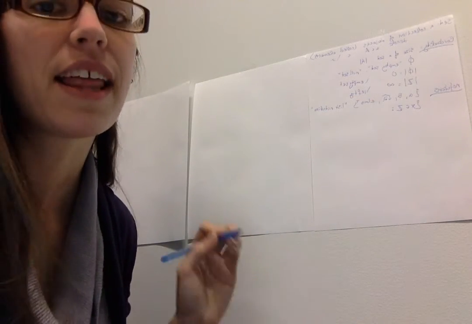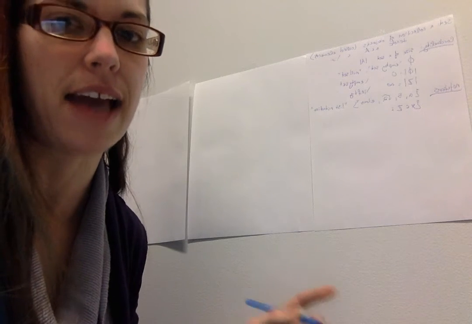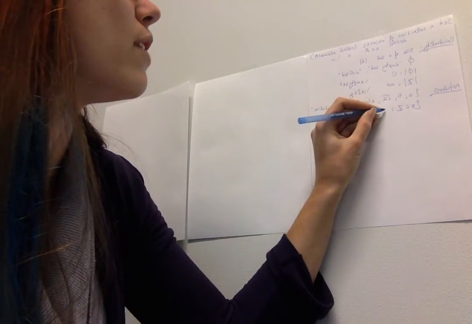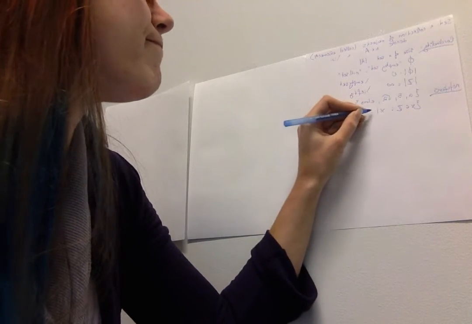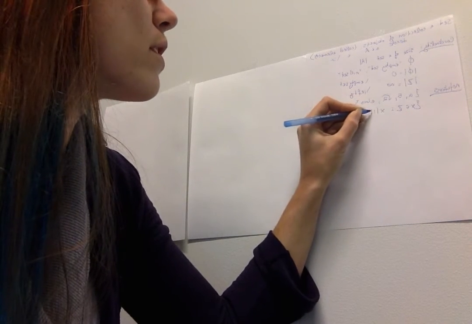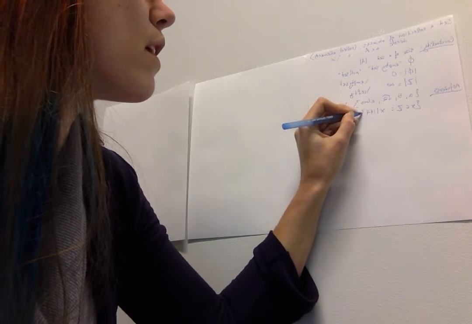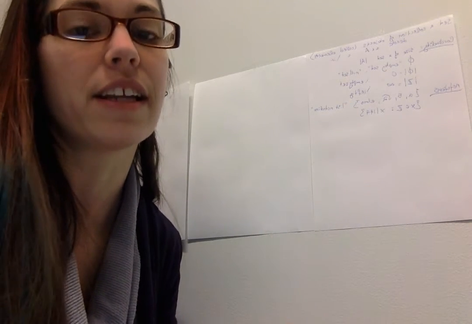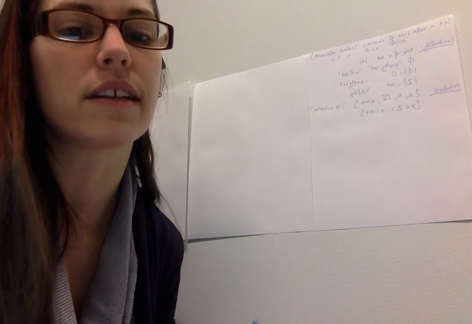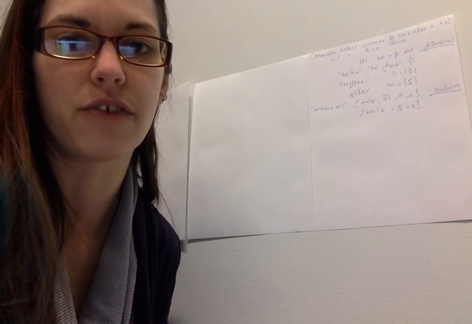So we have a colon. That colon, if we're reading aloud, is read as "such that." And then we could say x divides 144. So now I've created a set that contains every single divisor of 144.